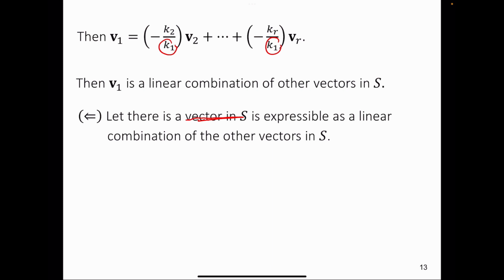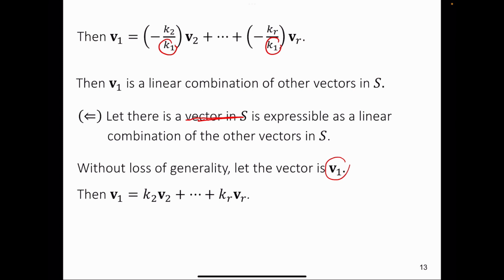The second case is that the vector is v2, up to case r where the vector is vr. Again, it doesn't matter which case we consider, the proof will follow similarly. Therefore, without loss of generality, we assume that the vector that can be written as a linear combination of the other vectors in S is the vector v1.